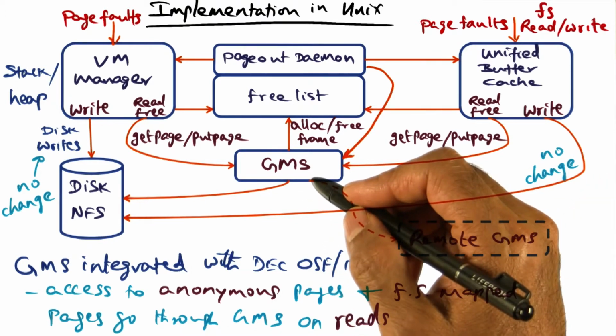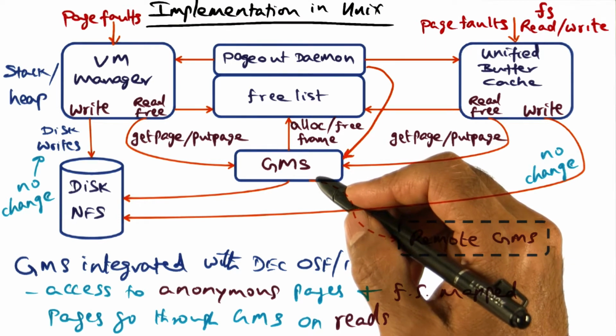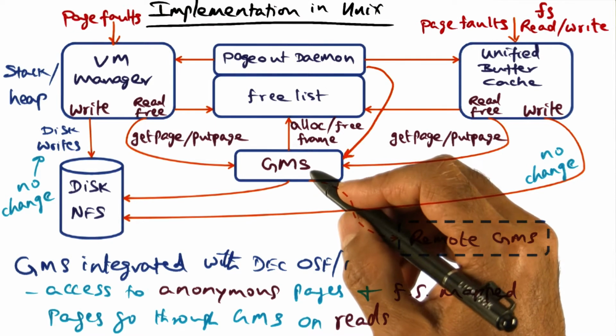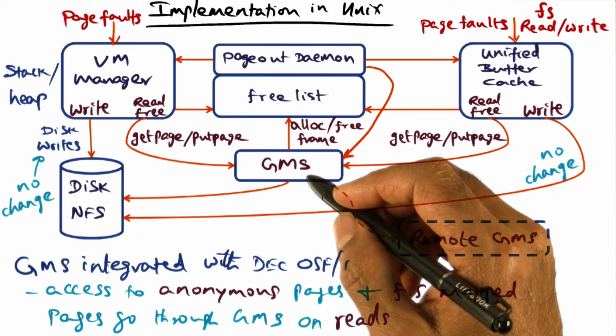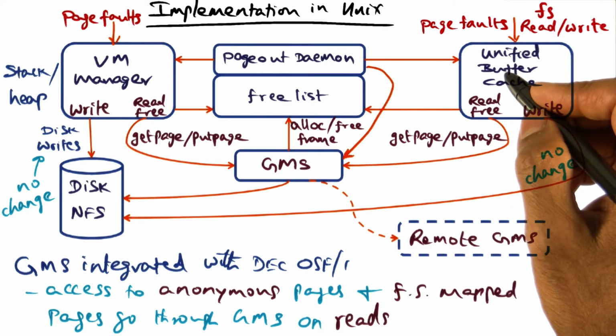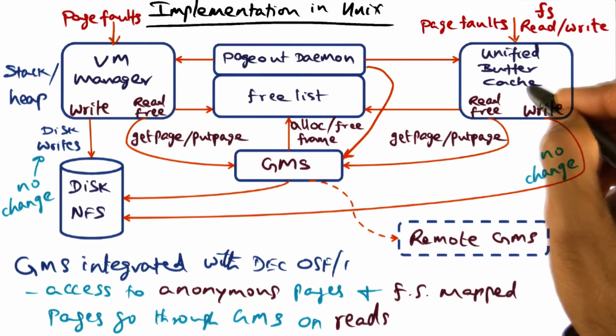Remember that the most important thing that we have to do in implementing this global LRU, or approximation to global LRU, is collecting age information. That's pretty tricky. In the case of file cache, it's pretty straightforward because it is explicit from the process.